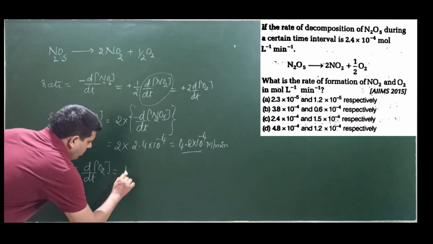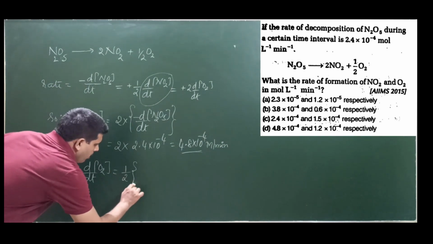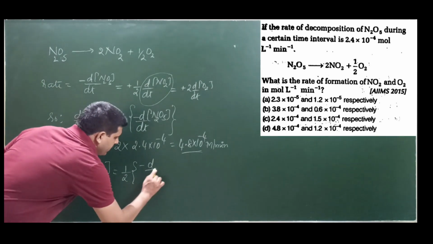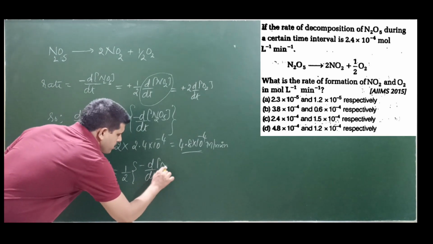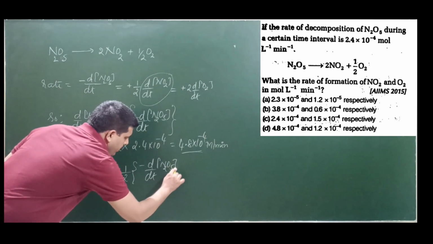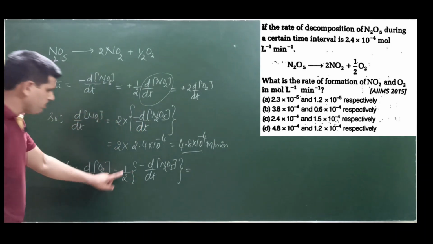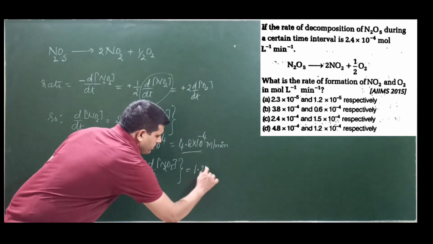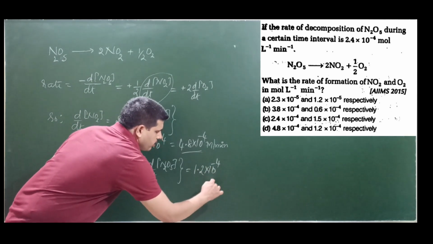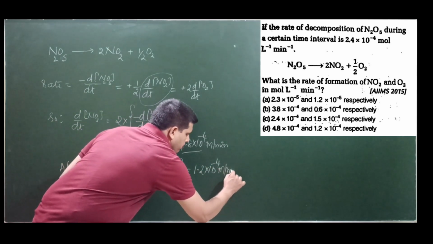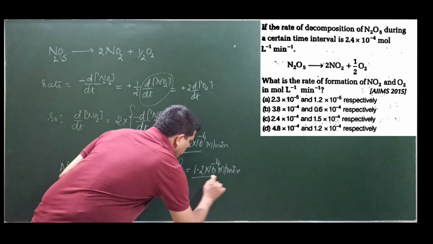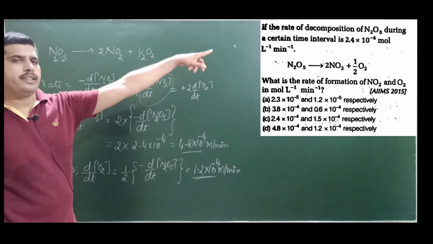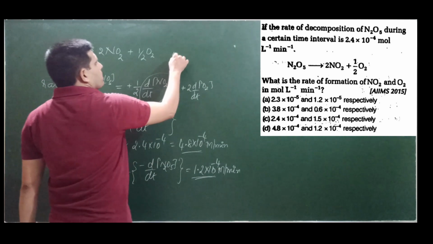So this is nothing but 1 by 2 into negative of d by dt of concentration of N2O5, which is nothing but 1 by 2 into 2.4, which is 1.2, into 10 to the power of minus 4 molar per minute.